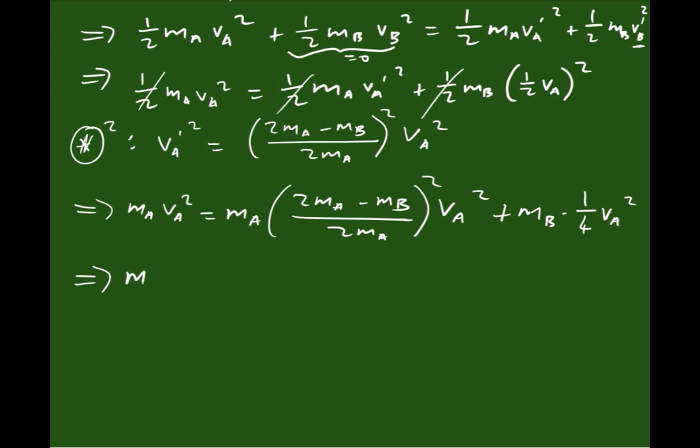So we'll have MA VA squared minus MA, I mean, it's just a repetition here. We're just moving them to one side.